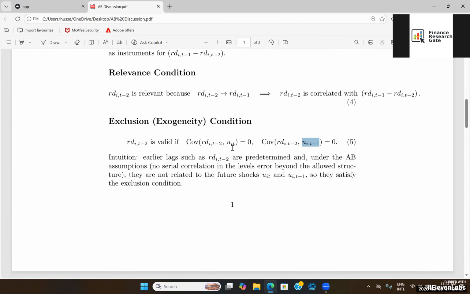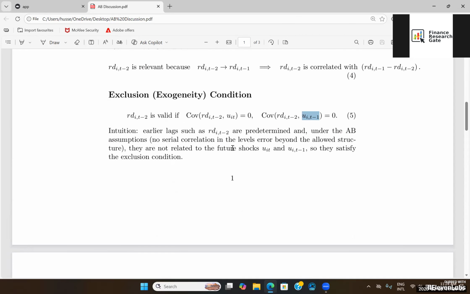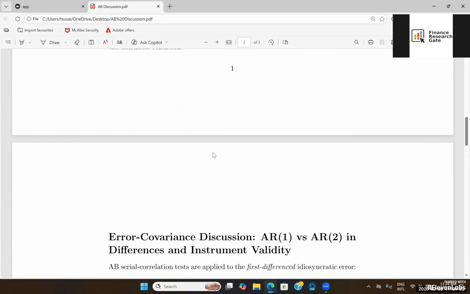This is the situation here, because R&D or any other independent variable cannot be correlated with future errors unless there is autocorrelation among the errors themselves. If there is no error autocorrelation in the model, then by definition the x variable or any other instrument cannot be correlated with the future error term. So we can plausibly assume that this condition is met.